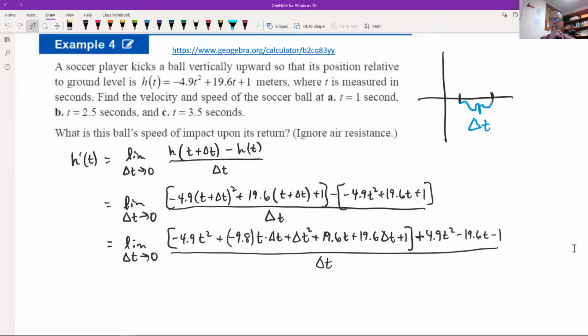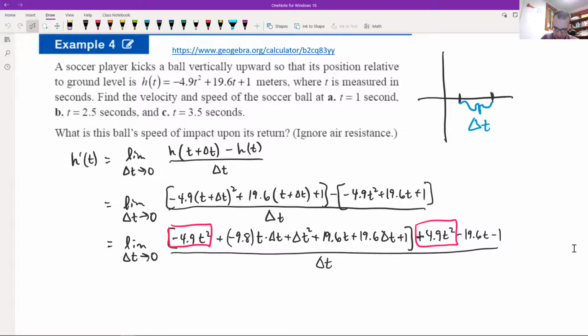Now here is where we look through and use our eagle eyes to find terms that will cancel out. So those t squared terms, the 4.9 t squared terms, cancel out. Let's find another one.